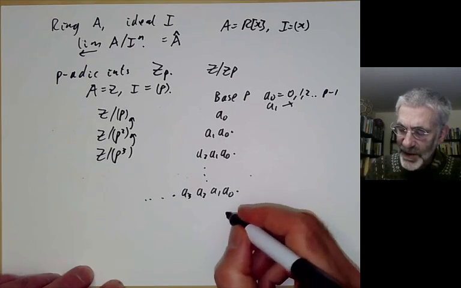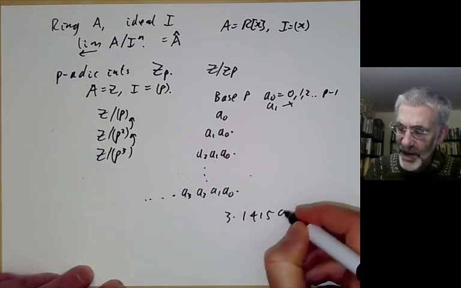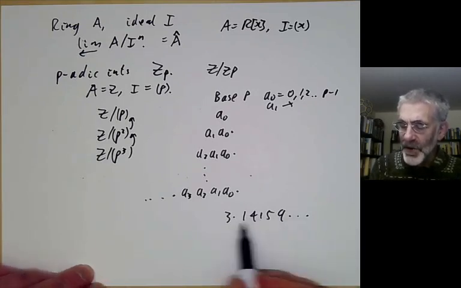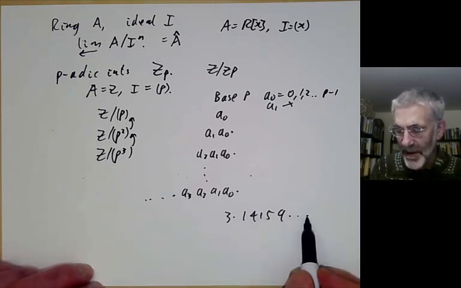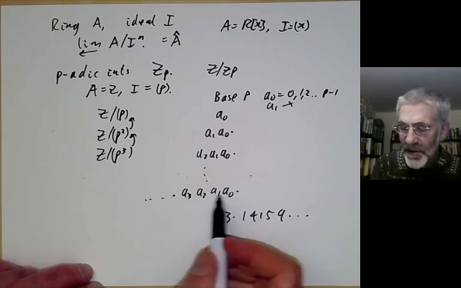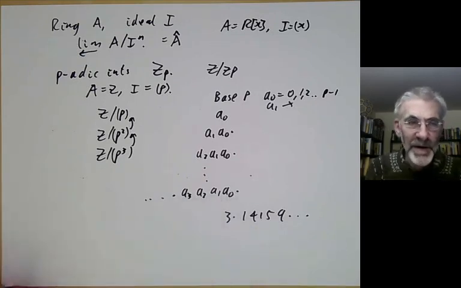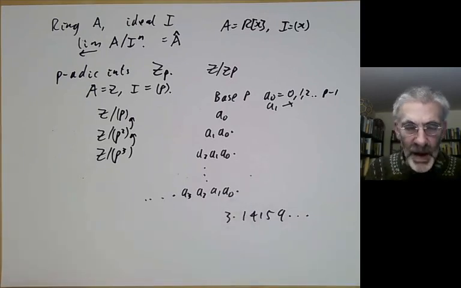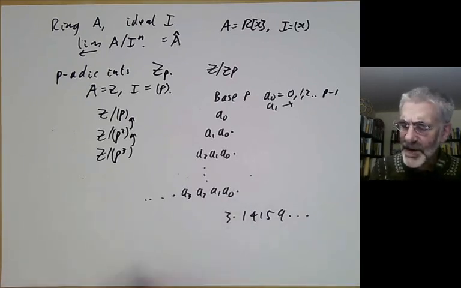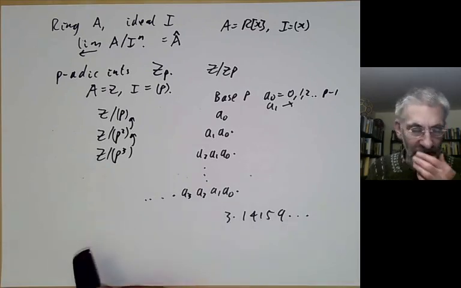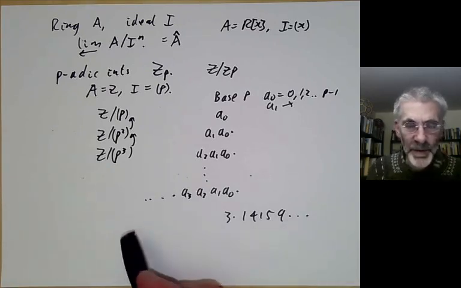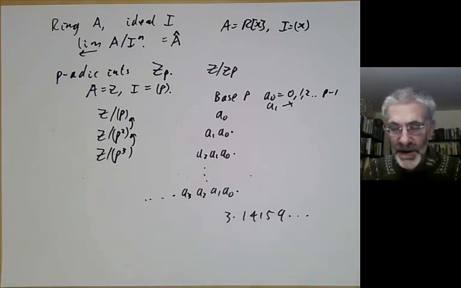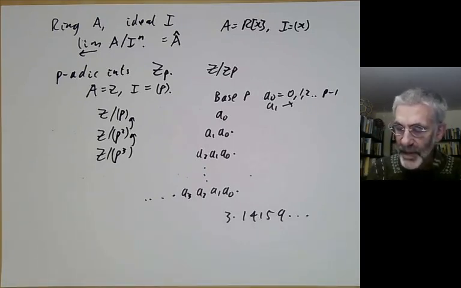A real number like 3.14159 and so on goes off infinitely far to the right, but you can still multiply things together. Instead you can let things go off infinitely far to the left and everything still works, and that gives you p-adic numbers. You might wonder what happens if you let it go off infinitely far to the left and to the right, and that doesn't work, because if you try to multiply things together you get lots of meaningless infinite sums.